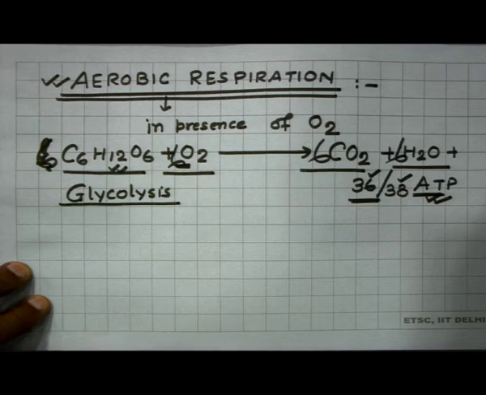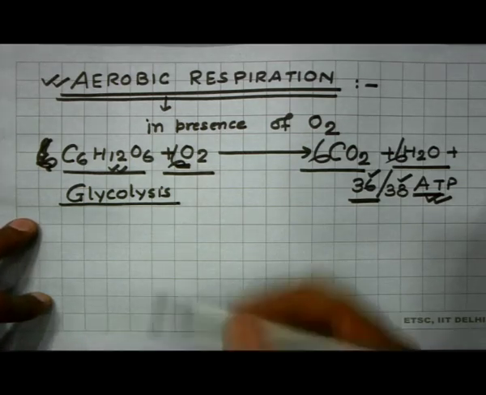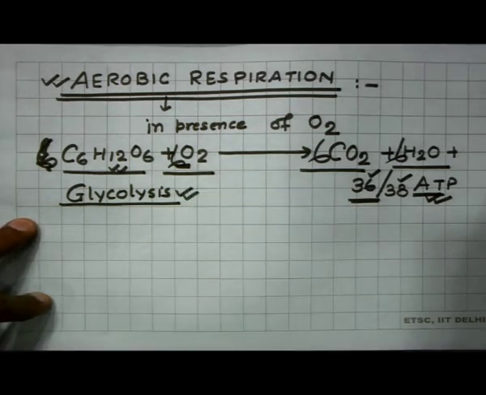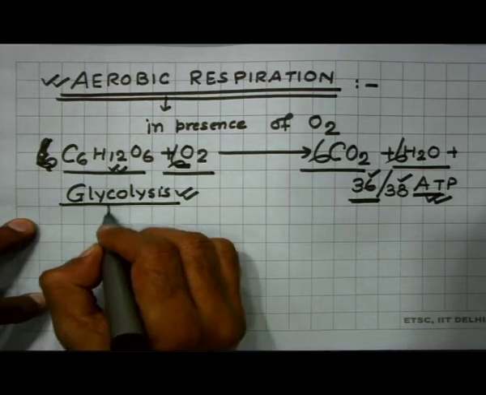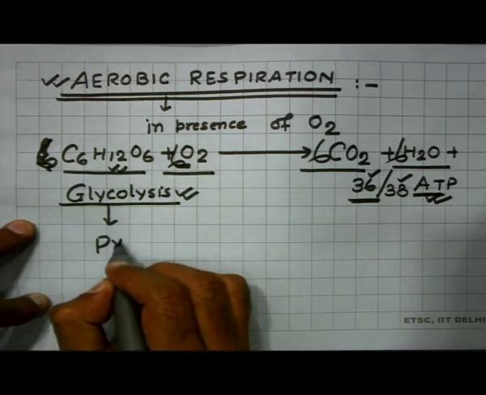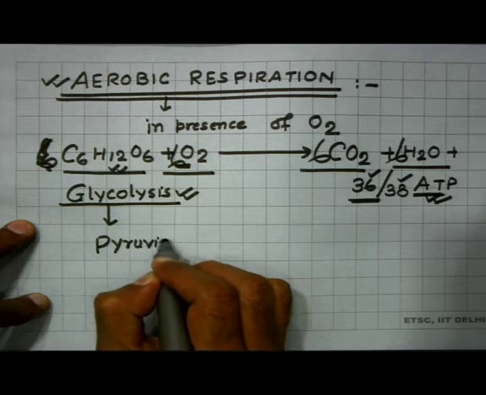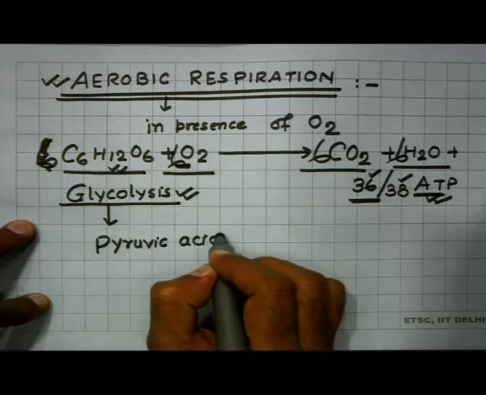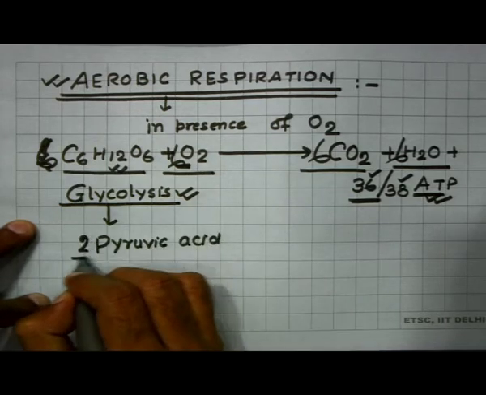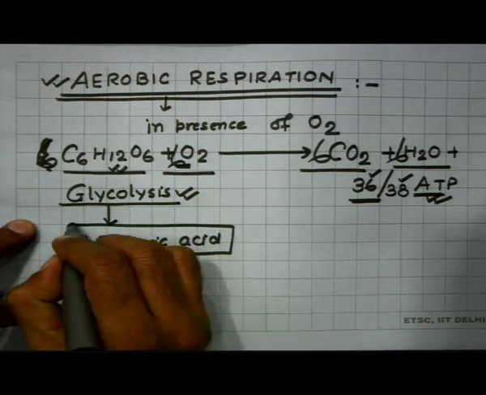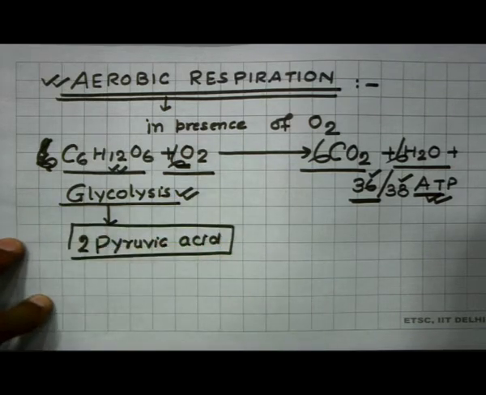So, aerobic respiration also starts with the end product of glycolysis, that is pyruvic acid. 2 molecules of pyruvic acid are taken into consideration, which are the end product of glycolysis.